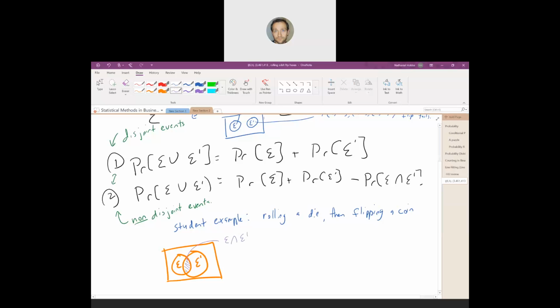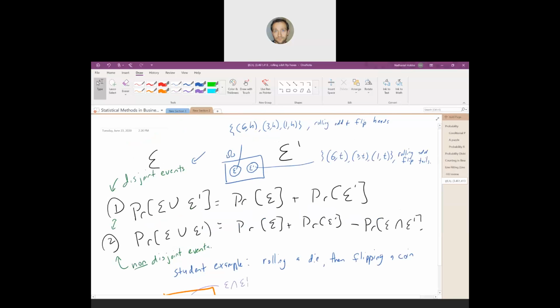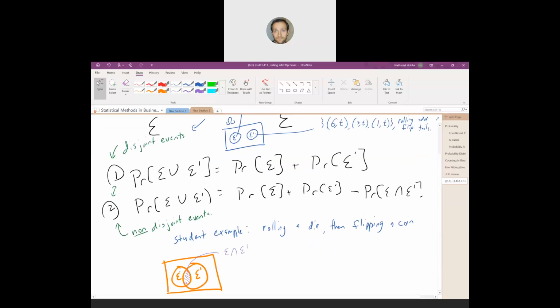So when you consider the probability of this one in the blue, you can calculate whatever area the E circle takes up plus the area of the E prime circle. And so one happening or the other is just the sum of the two. In the second case, you can take the sum of E and you can take the sum of E prime, but you're double counting because there's this overlap. And so you need to take that away.